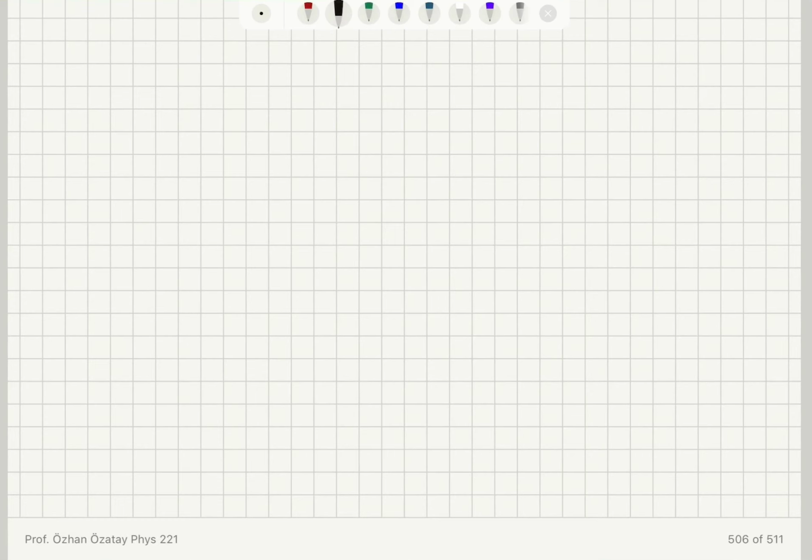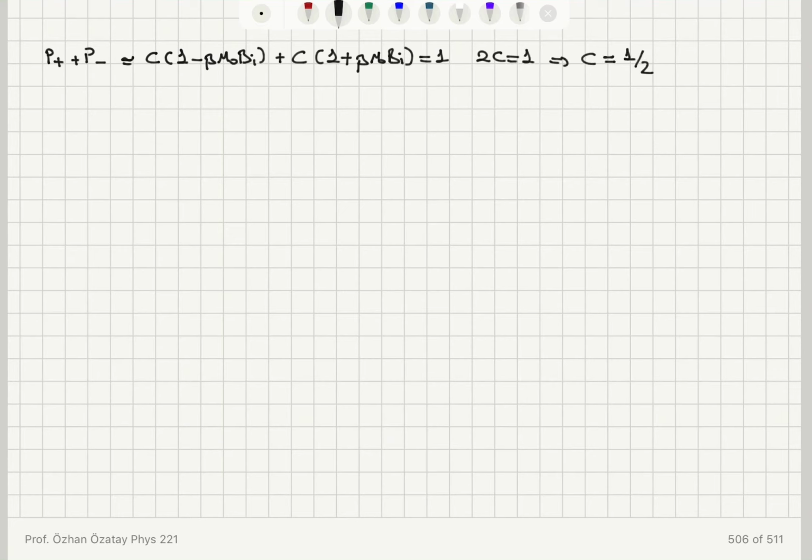Okay, so the probabilities should be normalized. P plus plus P minus should be equal to 2C in this case. So C times 1 minus beta mu 0 Bi plus C times 1 plus beta mu 0 Bi should be equal to 1, which means 2C is 1, or C is 1 over 2.